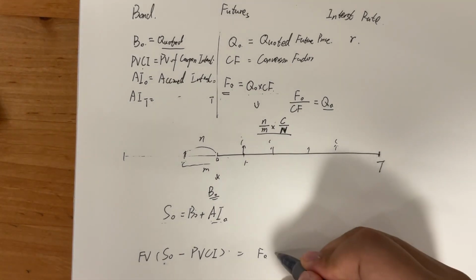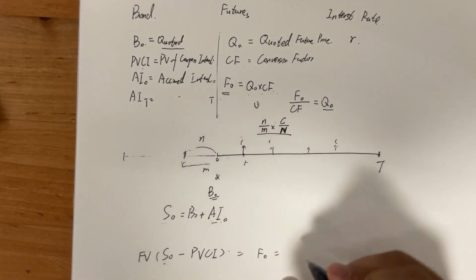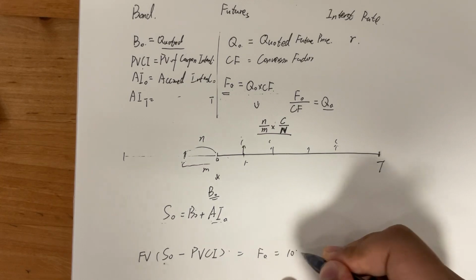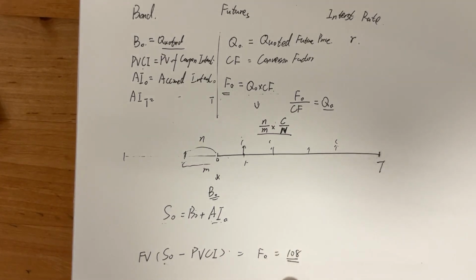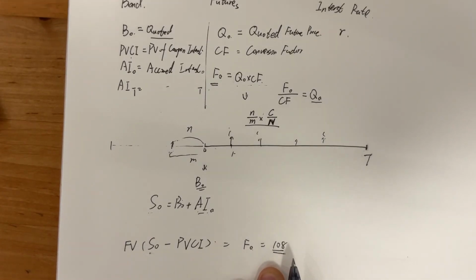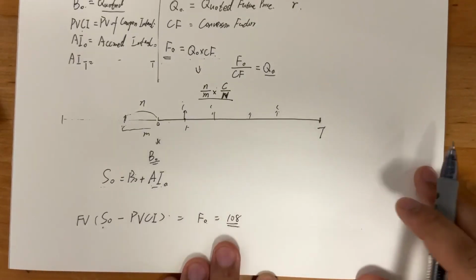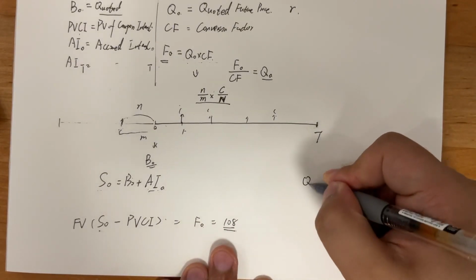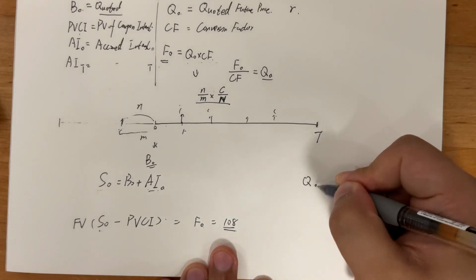Okay, so for example, let me just add some random number here. So maybe 0.8, something like that. Okay, so if you calculate that, you got that specific number. Hooray! This should be the future price. But if you look at the market, you got a quoted future price at that specific time.